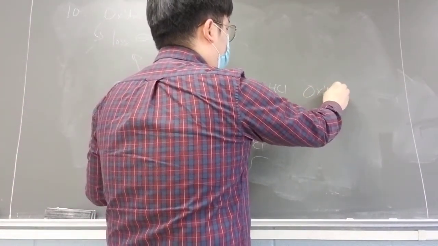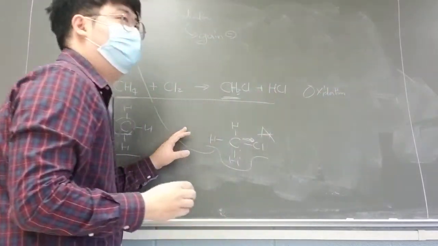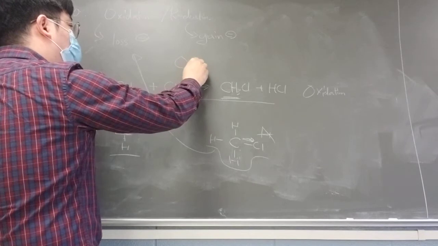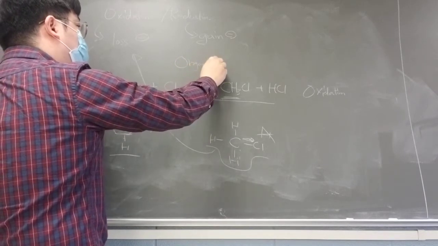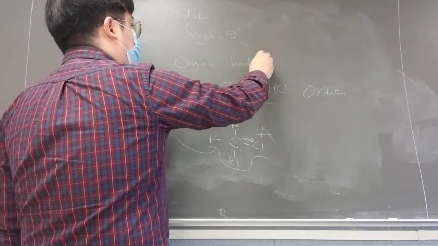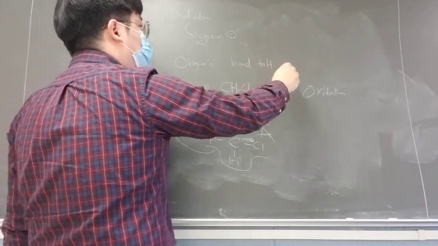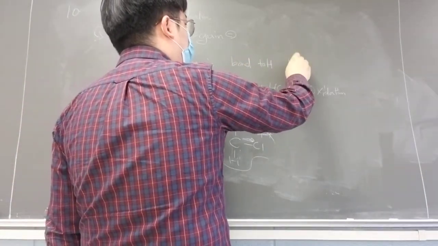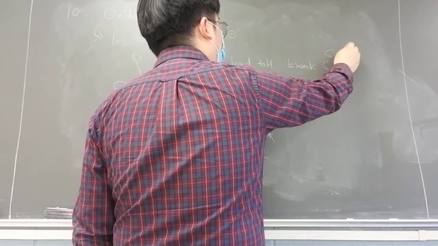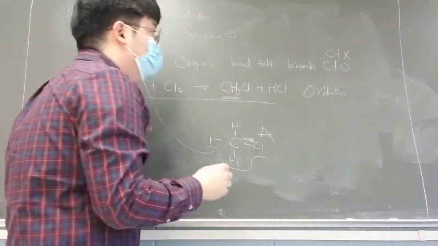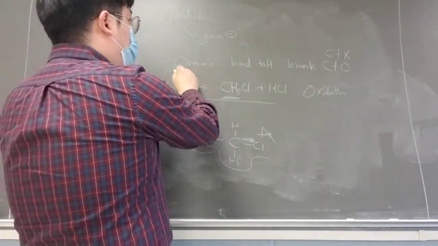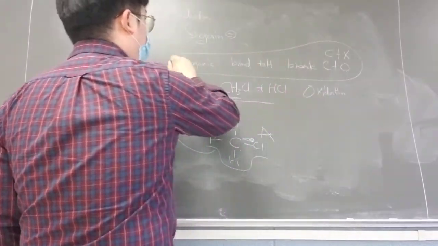I'll make it much simpler. When organic compounds make a bond to hydrogen, or break the bonds between carbon and oxygen, or carbon and halogen, certain things which are electronegatively very active, this is going to be reduction.